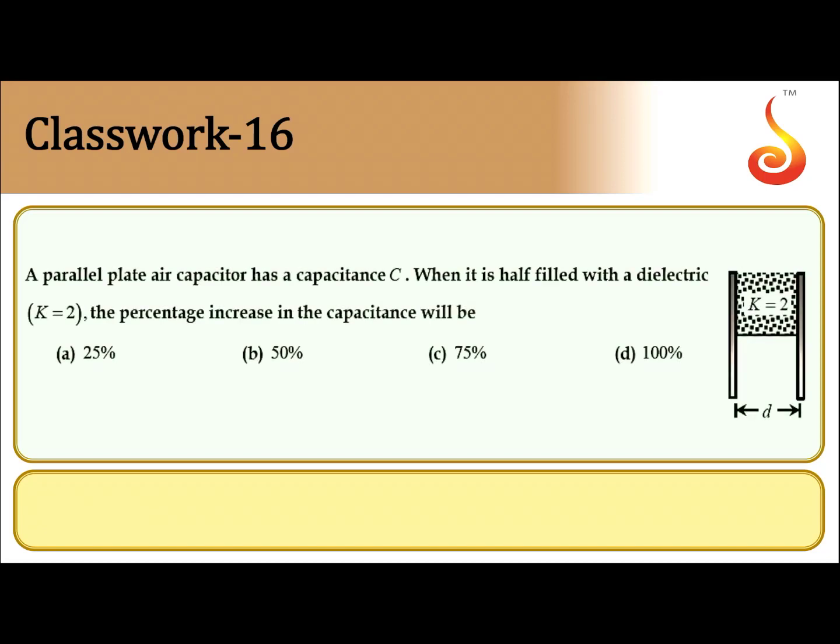Next one. A parallel plate air capacitor has a capacitance C. When it is half filled with a dielectric, the percentage increase in the capacitance will be. Okay. This is the construction. Its capacitance is C. Now, from this, you have the system.